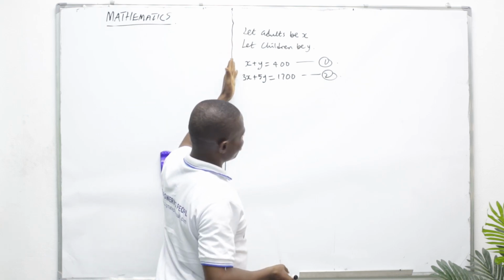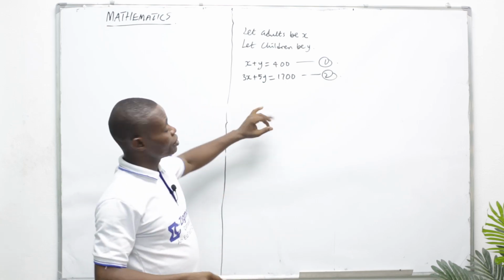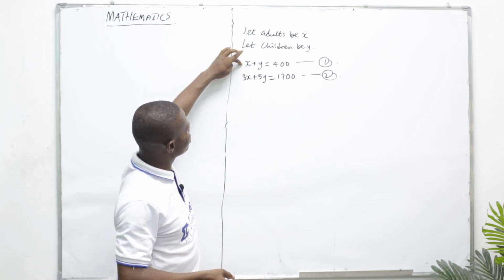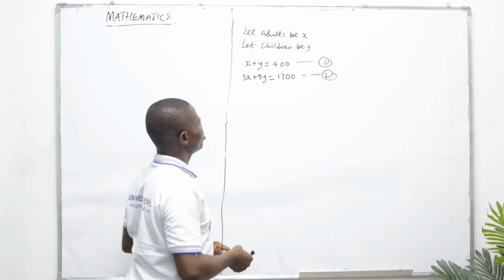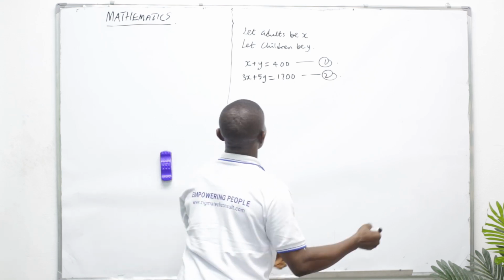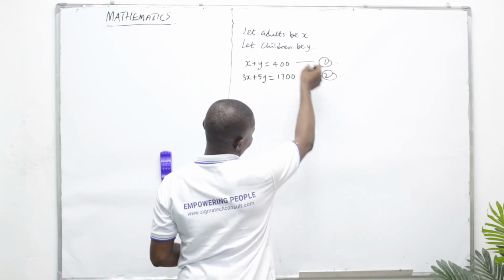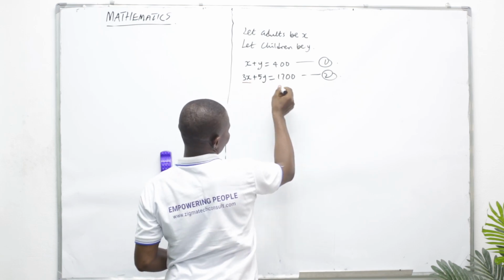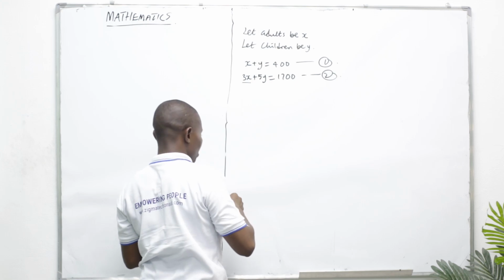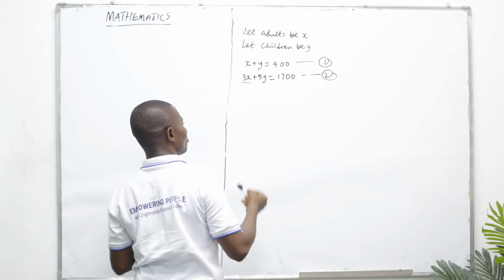Trying to use the elimination method, you have to check out for some things. This is unity, while this is not unity. So you can't just say subtract this from this, because the coefficient of S in equation 2 is different from the coefficient of S in equation 1.